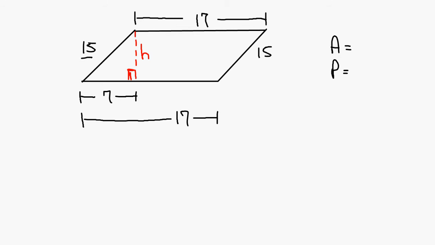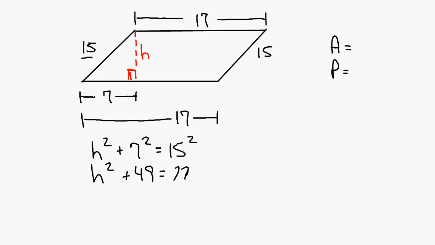So h squared plus 7 squared equals 15 squared. So h squared plus 49 equals 225. You can subtract 49 from each side, so h squared would equal 176.